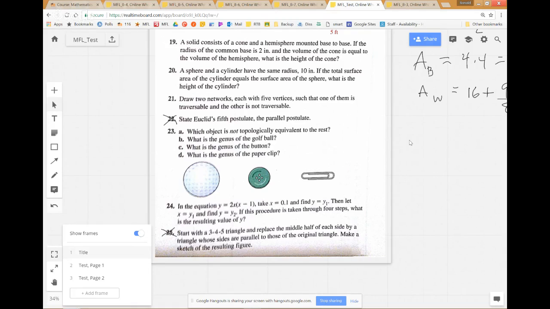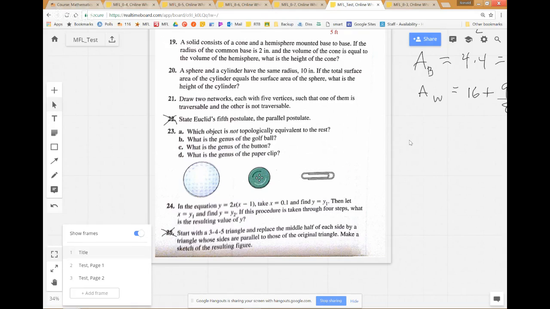I do have a problem on the test that does iteration, but I only ask you for the third iteration. What I can't remember is whether the formula is exactly the same.